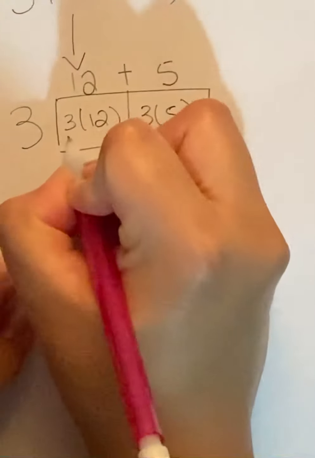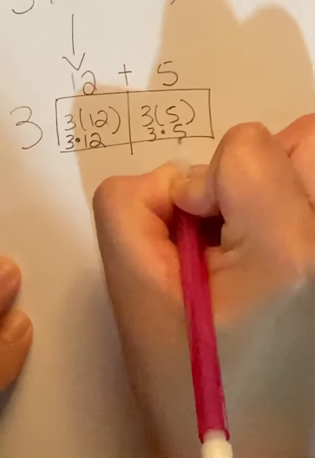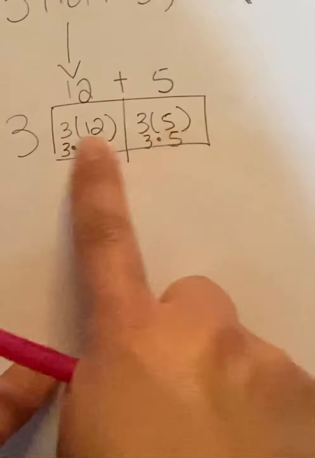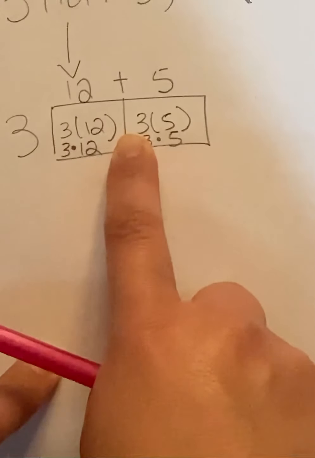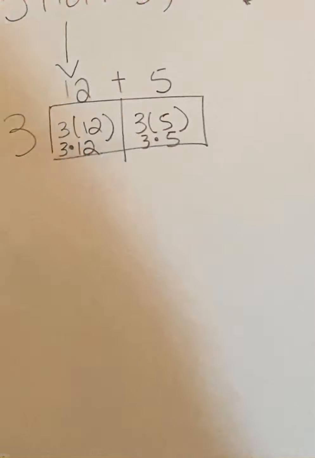So this is the same thing as 3 times 12, and this is the same thing as 3 times 5. What I'm going to do right now is show this multiplication in the equation. So I'm just going to rewrite the equation again so that you can see.